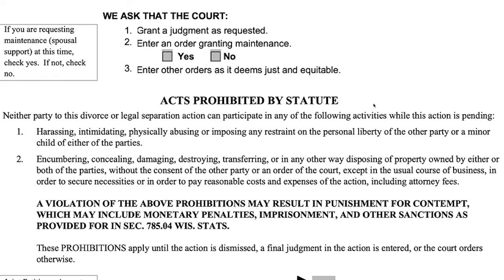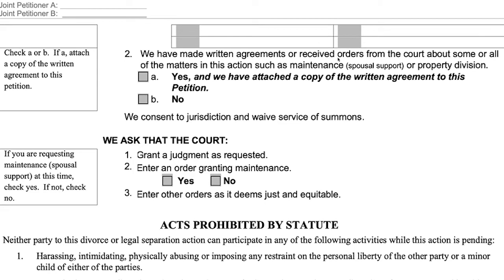So here is where you make your request of the court. What are you asking the court for? You're asking that the court grant a judgment as requested. And this is a sticky point. If you want any spousal support, you need to ask for it here. And if you've perhaps come to even a rough written agreement on spousal support, you would attach it.